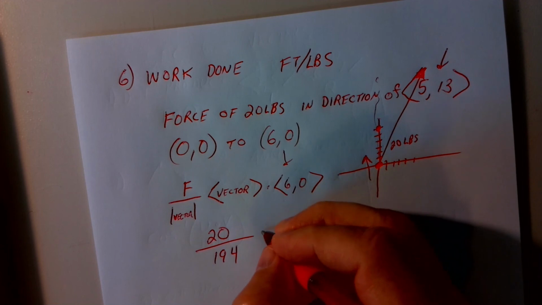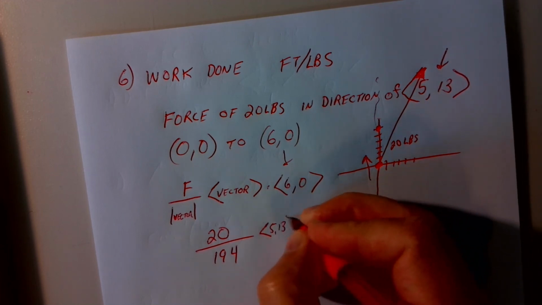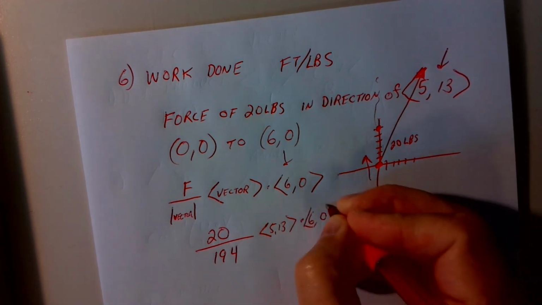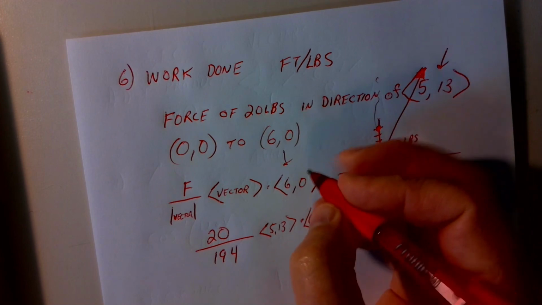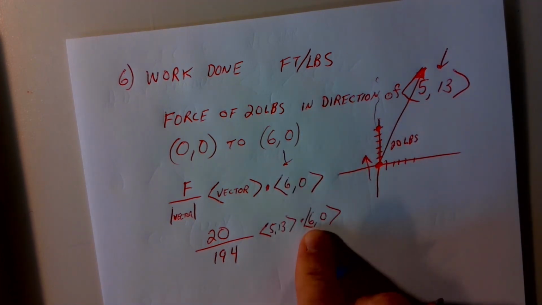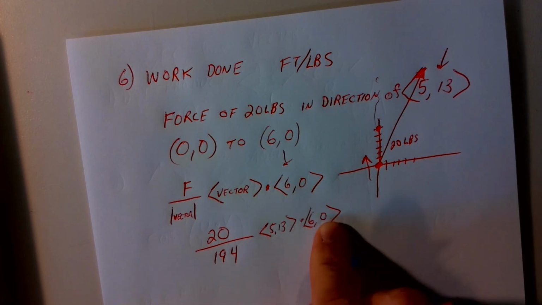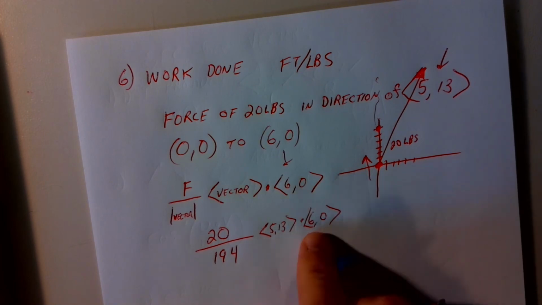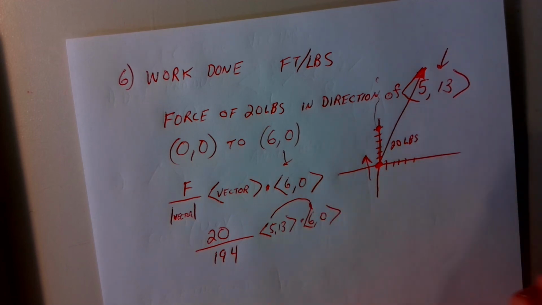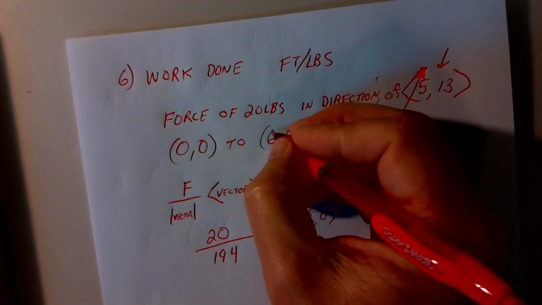Then I have 5, 13, and I have 6, 0, and I'm doing the dot product for that too. So 5 times 6 is 30, 13 times 0 is 0. Look at that. I'm going to switch this for you.